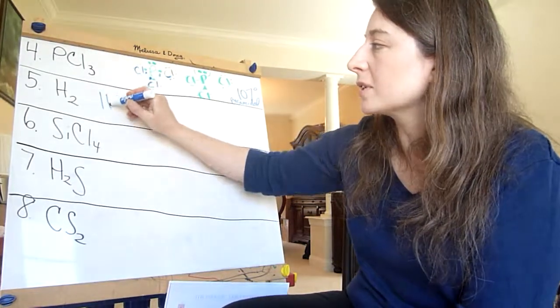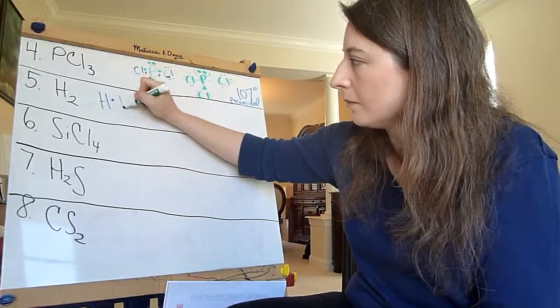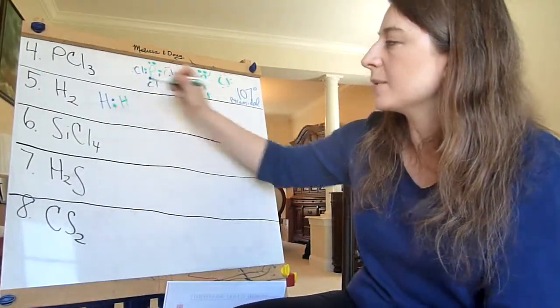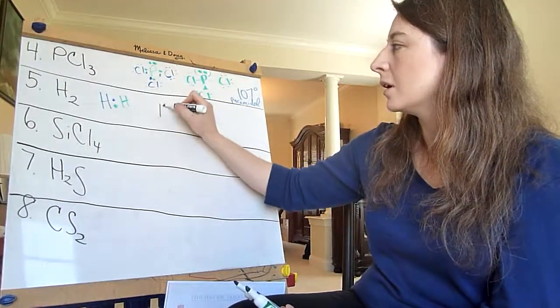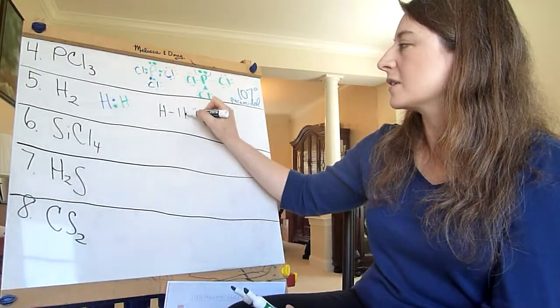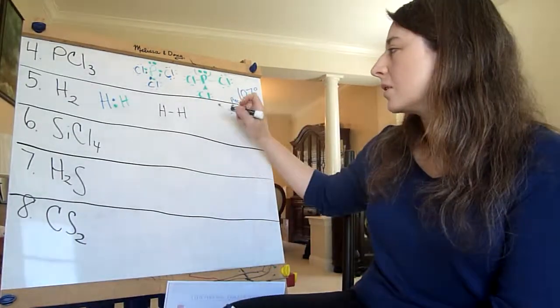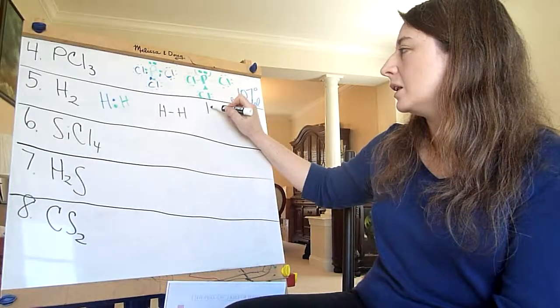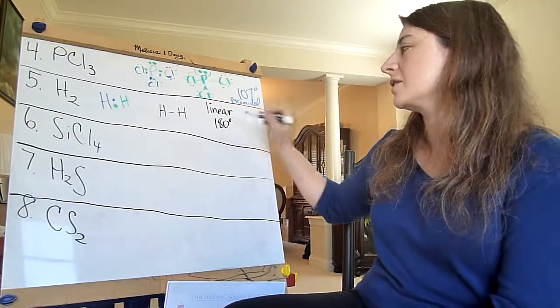Each hydrogen, of course, has 1. So it will come together like this and form a single bond, which we can draw thusly. And 2 things single bonded together are just going to be in a straight line. So that'll be linear, and of course you know a line is 180 degrees, so that's an easy one.